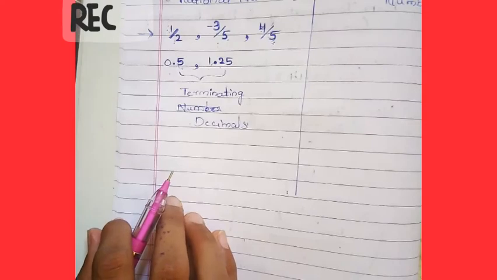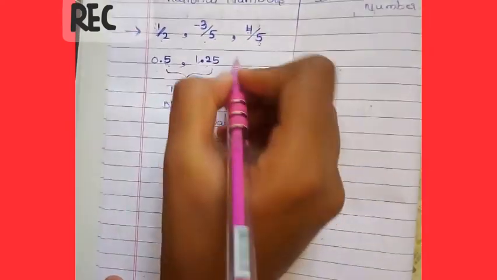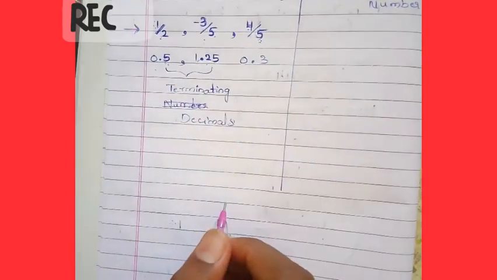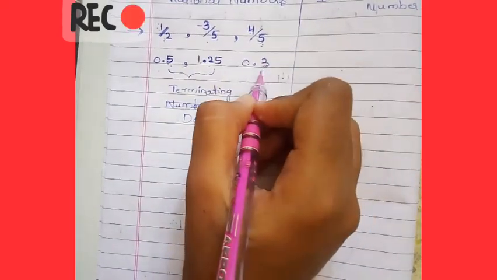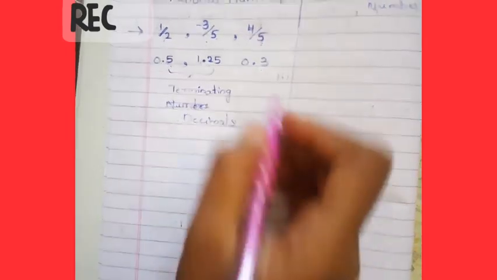Let's take another example, 0.3. Now you say this is also a rational number. Okay. Why?